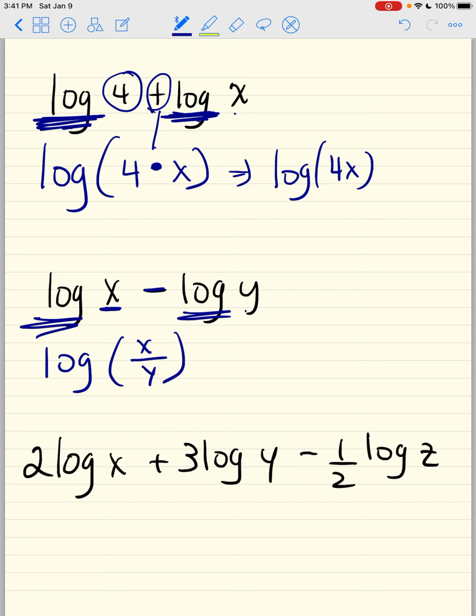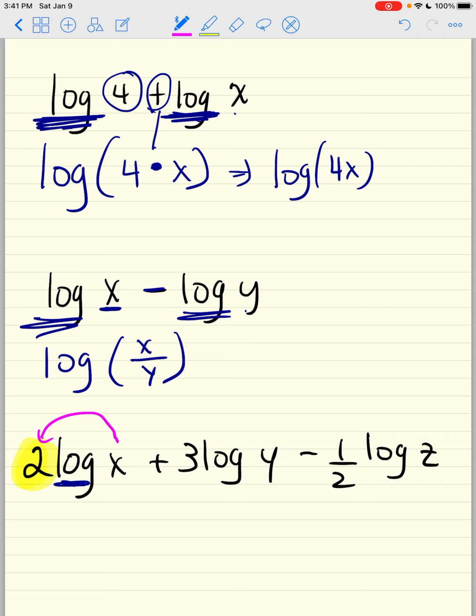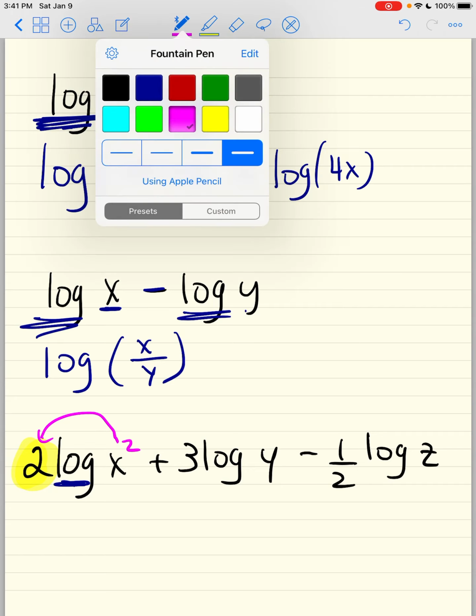Here's our tricky one. I'm going to try to factor out this log, but guess what, guys? There's a number in front of it. You cannot factor out the log if someone is standing in its way. That's what you have to say to yourself. So you say, wait, how did it get there? Well, originally, before it got there, it was a square.